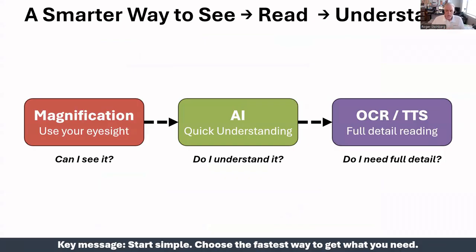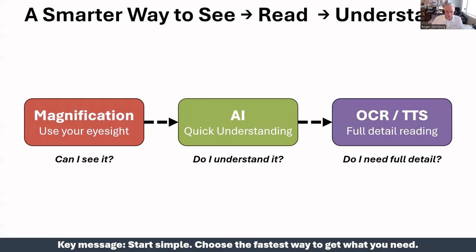So coming back to a point that I made a few moments ago, we think that with the advent of AI, we have a shift in the way that we can interact with materials that we're looking to view with a magnification system. We look at this graphic on the screen here from left to right, and the arrows are there, but they're dotted.